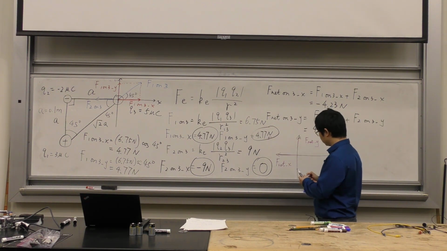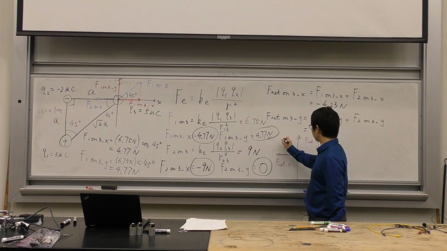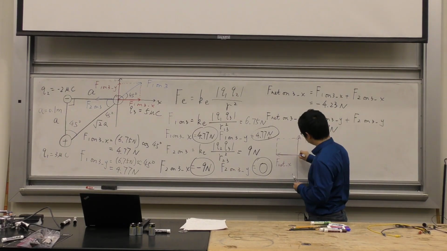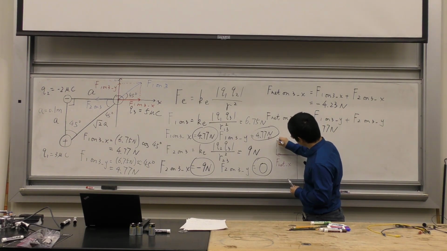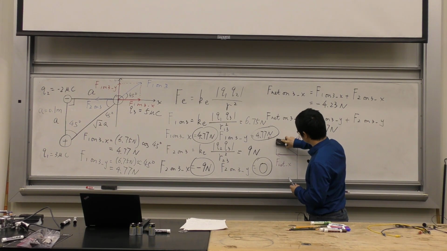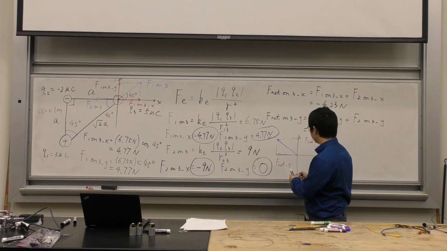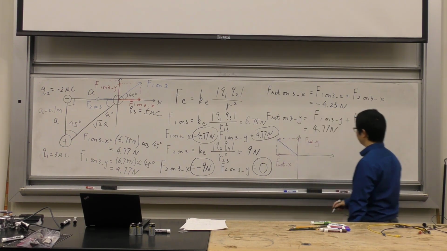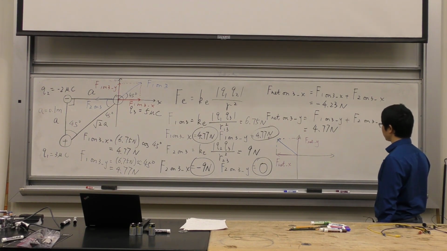So how do I find the net force? This is how I draw the net force, right? So this is the net force. I'm going to draw it a little bit nicer. Okay? So once you have these two components, you can find the magnitude and the direction, right?